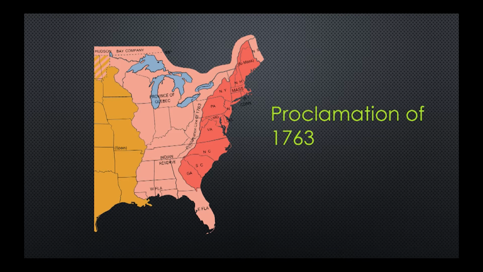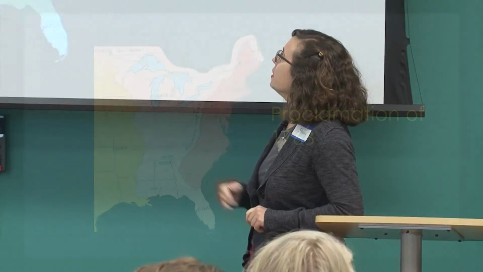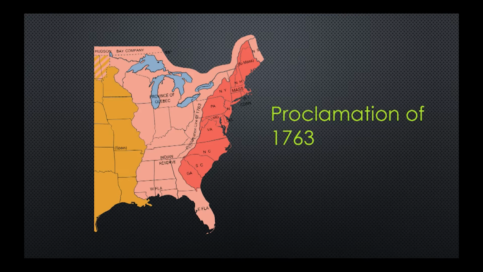And so it's not like anything that people on the ground can see or even know exactly where it is. So I always think it's funny, this idea of boundaries on maps. But here is one that was created, the Proclamation Line of 1763, between this orange and this kind of peach colored sections here. So what was the purpose of this line?